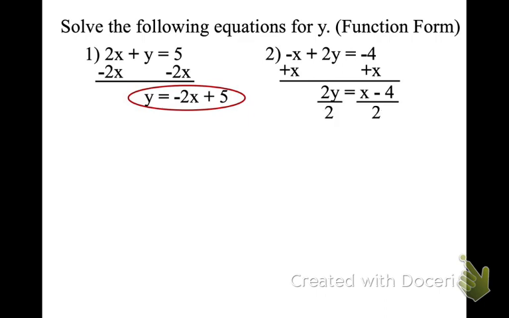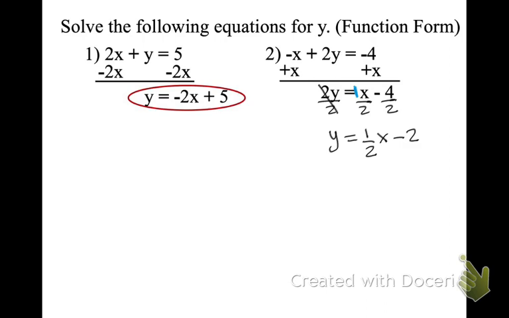That means divide this by 2, divide this by 2, divide this by 2. And y equals 1 over 2, right? There's a 1 there. We don't really write it. 1 over 2, the x goes to the middle, minus 2.